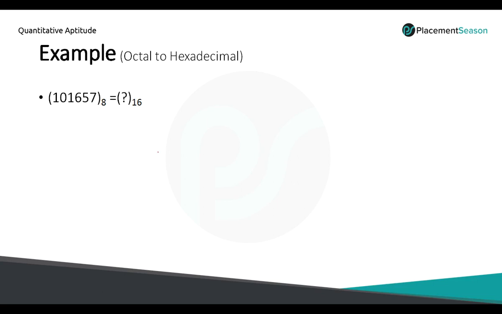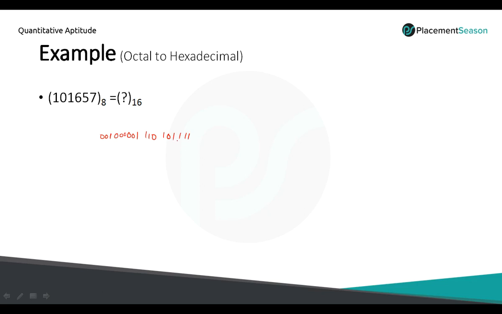That is, 7 can be written as 111 and 5 can be written as 101 and this 6 can be written as 110. Again 1 can be written as 001. Again 0 can be written as 000 and 1 can be written as 001, so write 3 digits.